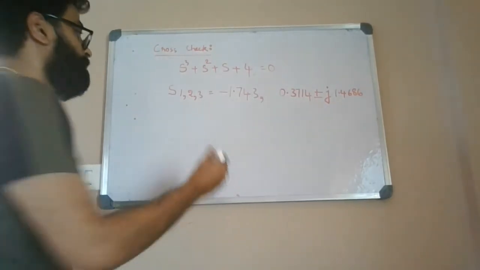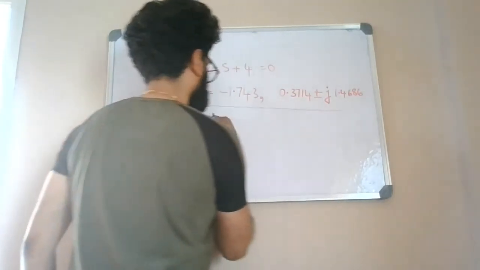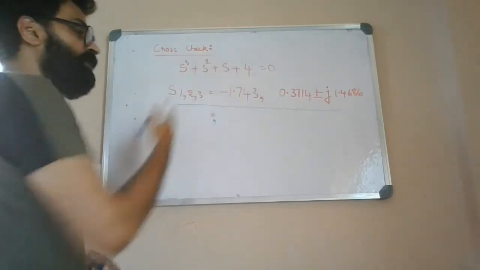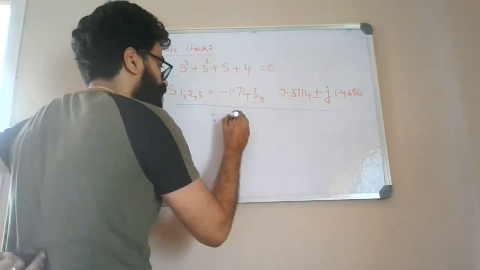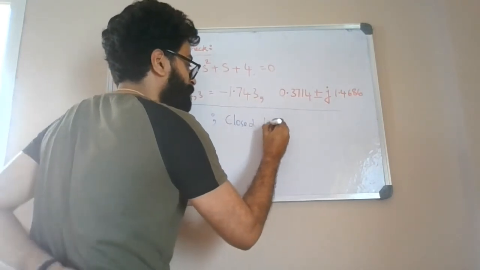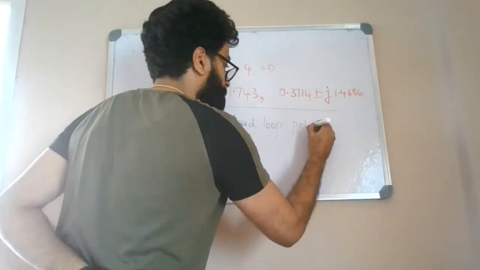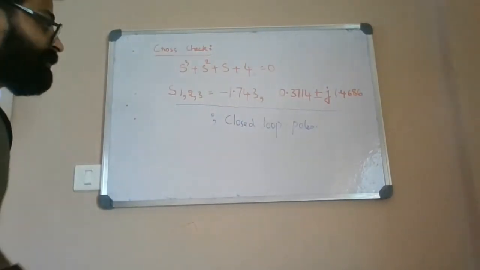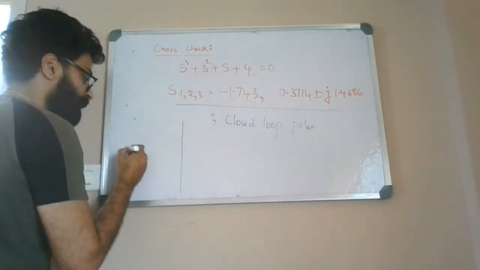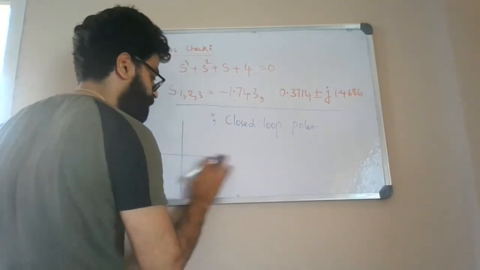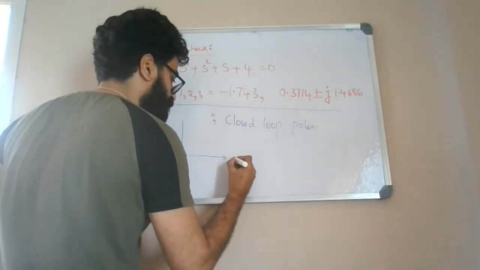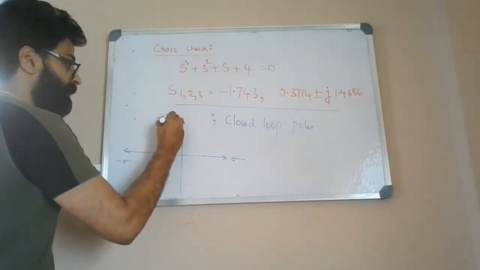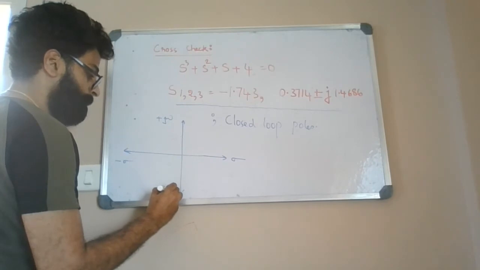Are you getting this? Now, what are these roots basically? The roots of the characteristic equation are also called closed loop poles. Now, if I were to place these closed loop poles in a complex S plane, you will get the pole-zero plot with plus j omega and minus j omega.